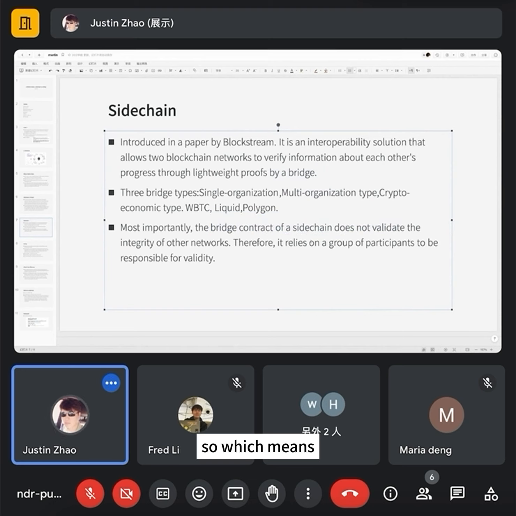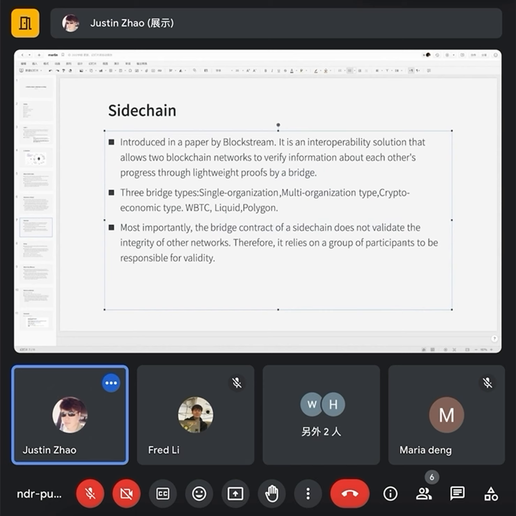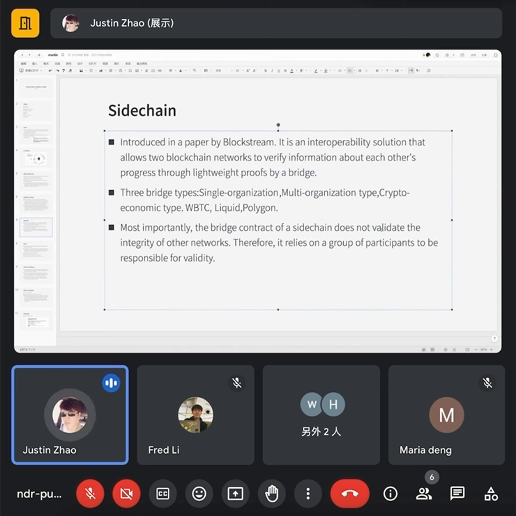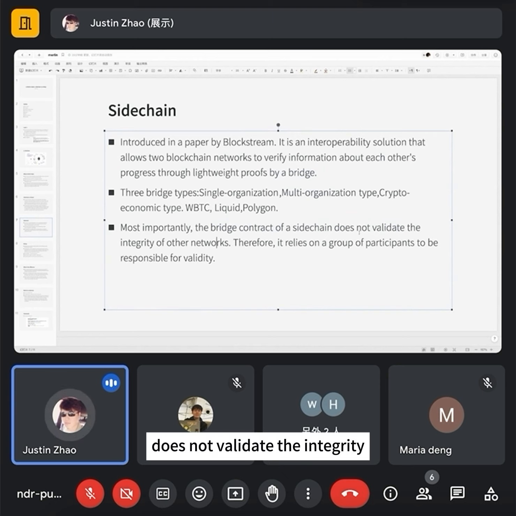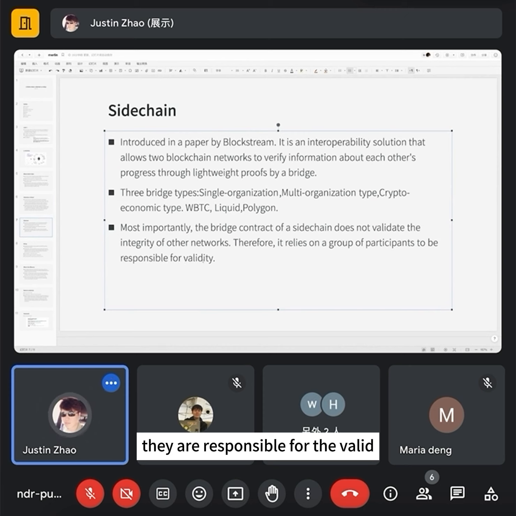It relies on a group of third parties to be responsible for the validity.